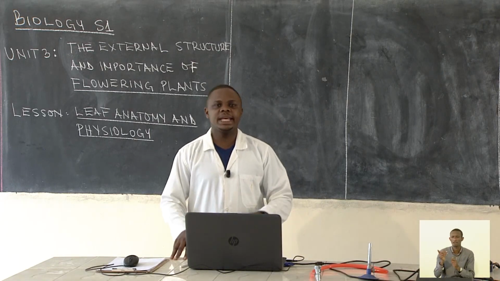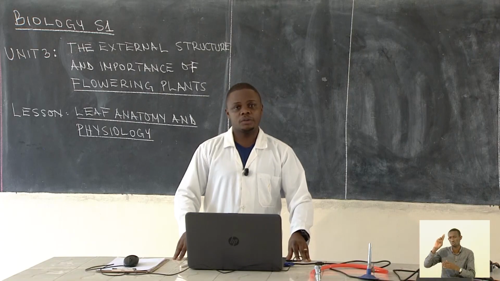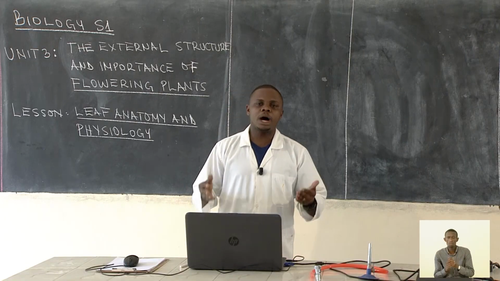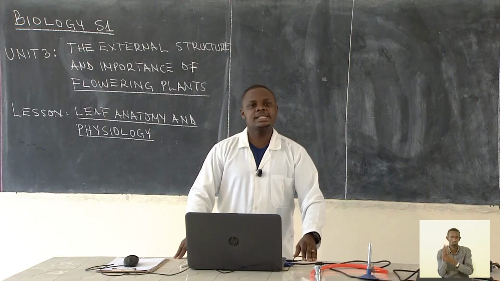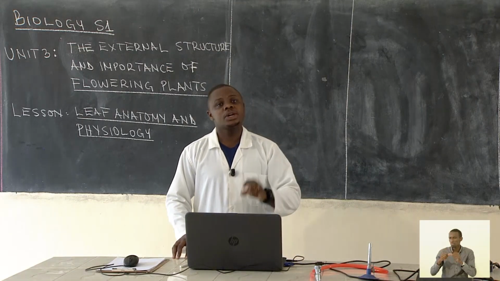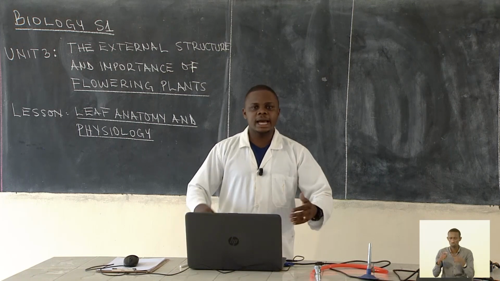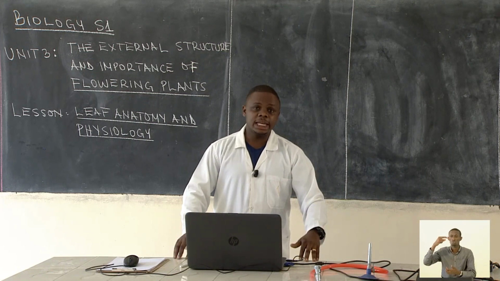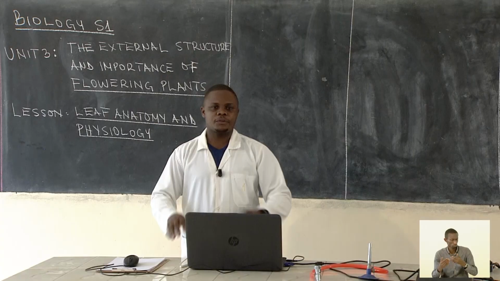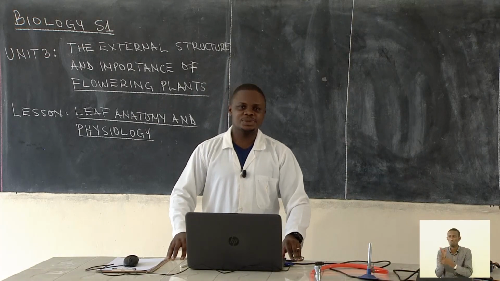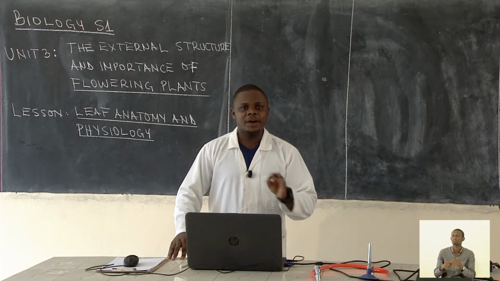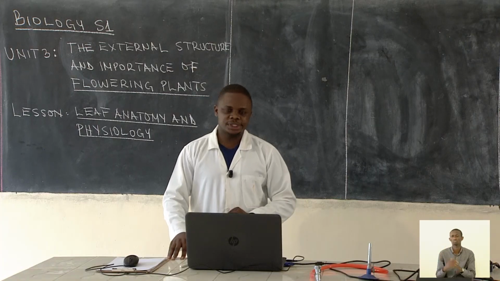Here we are going to see different parts of the leaf. And when we talk about physiology, that is the study of functions of different structures of an organism. Meaning, after discussing different parts of the leaf, we will talk about their functions. That is our lesson today, leaf anatomy and physiology.